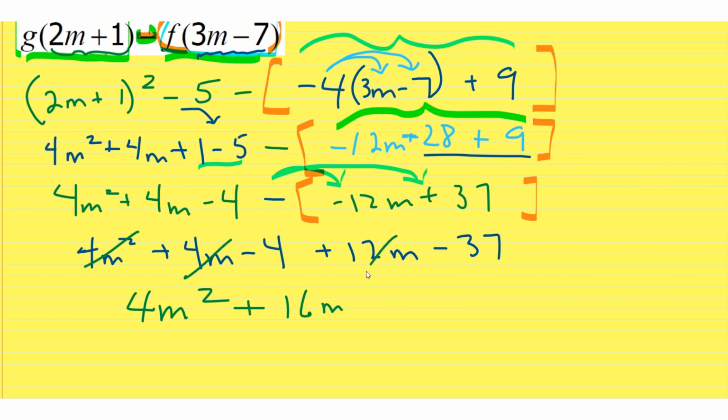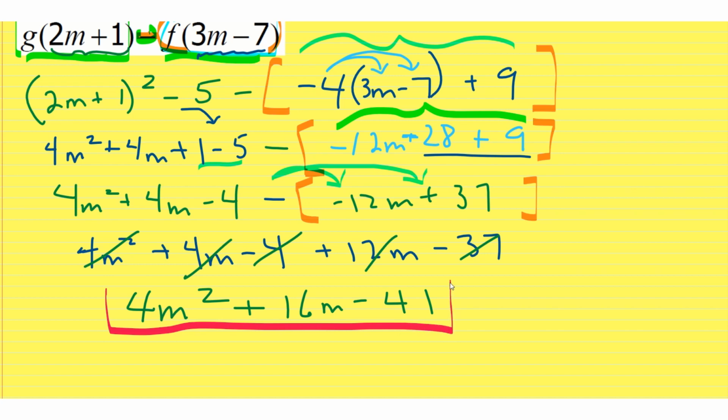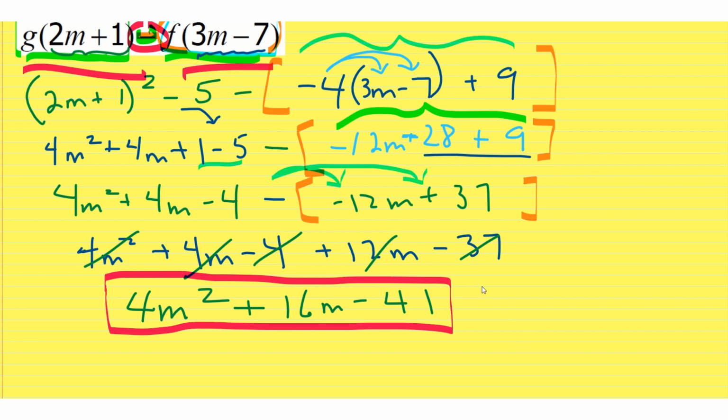So 4m plus 12m is taken care of, and then I have a negative 4 and a negative 37, so that's going to be a negative 41. So those two are taken care of, and that should be the final simplification of the difference of my two functions. I had the g function minus the f function, and that is the correct simplification.